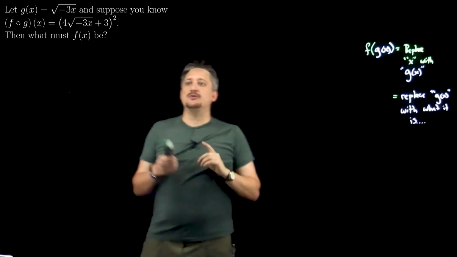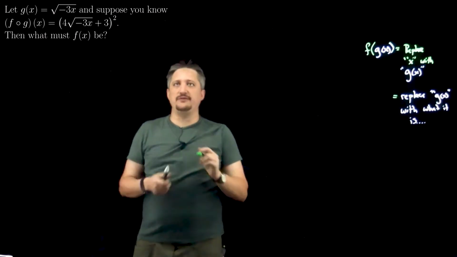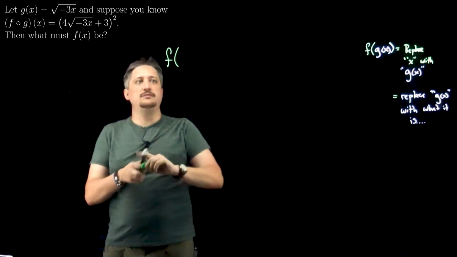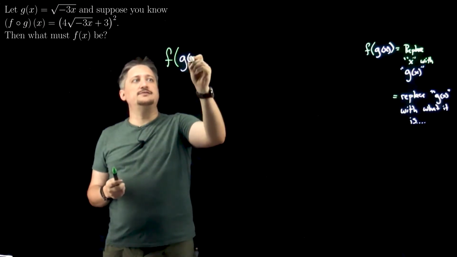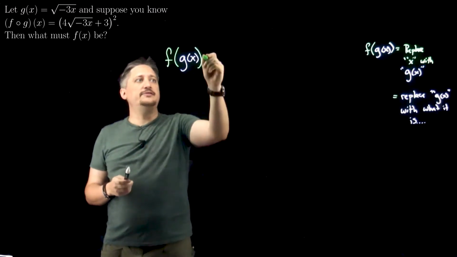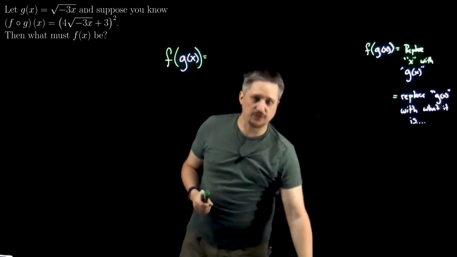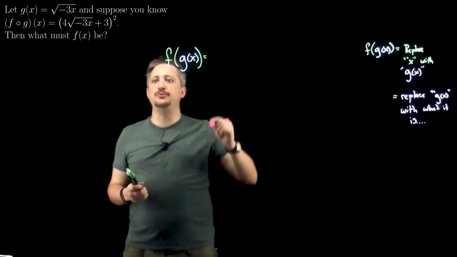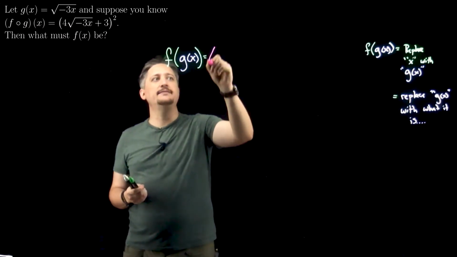So to that end, I'm going to write out what is f of g of x. This thing is given to me, and to make it clear what's happening here, I'm going to write it in a whole different color because it's a mash of two things. I'm not sure what is what yet.